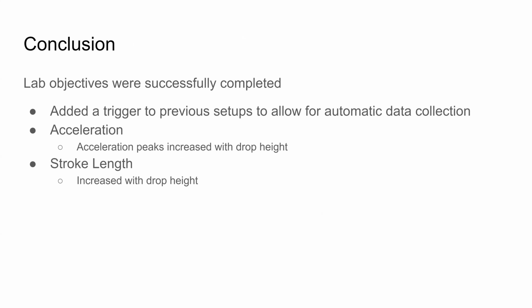For acceleration, the peaks increase with drop height as expected, since there's more velocity that decreases on impact, leading to higher acceleration. And stroke length also increased, as the spring compressed further on the landing gear with increasing height. Thank you.